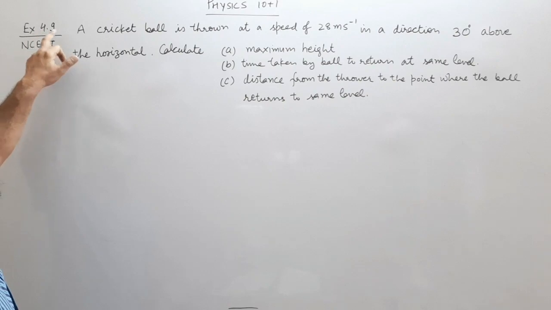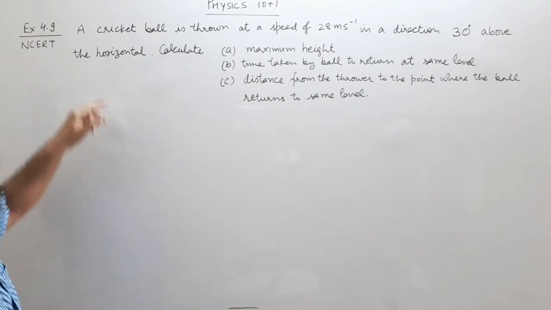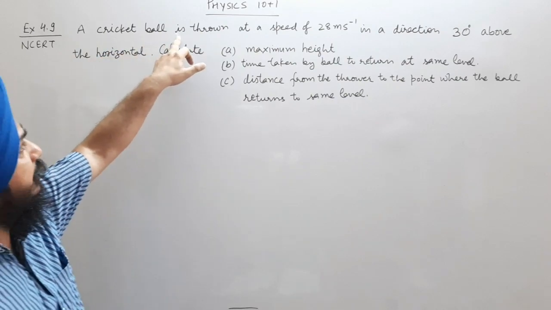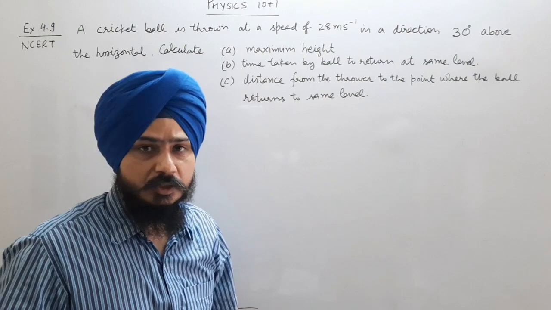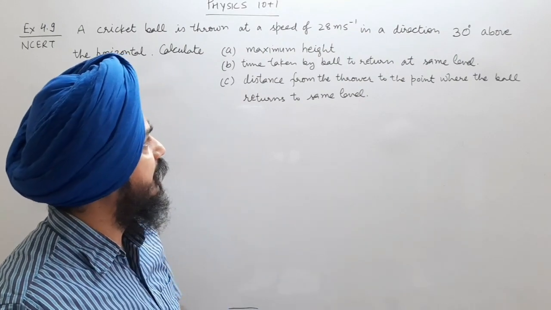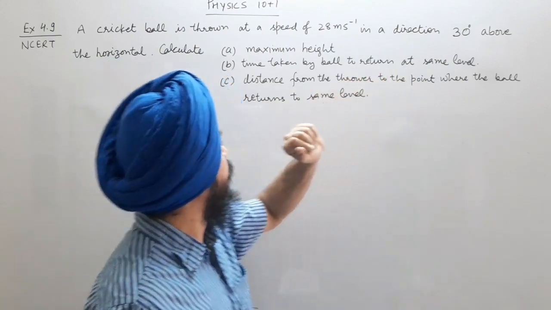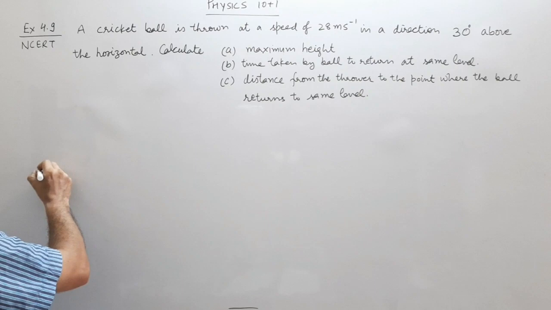Problem number 4.9 of NCERT book. Here a cricket ball is thrown at a speed of 28 meter per second. So initial velocity is given as 28 meters per second in a direction 30 degree above the horizontal. So the trajectory will be like this.